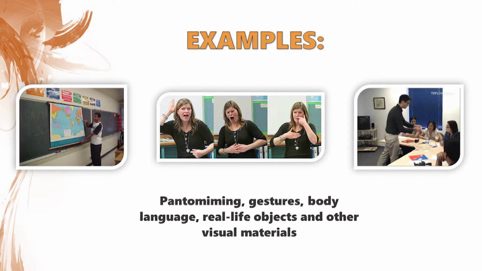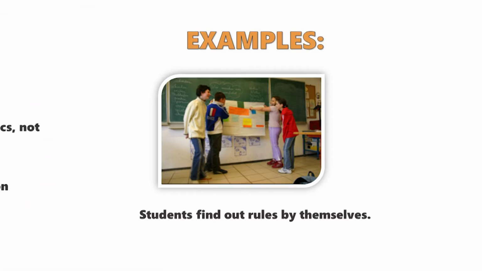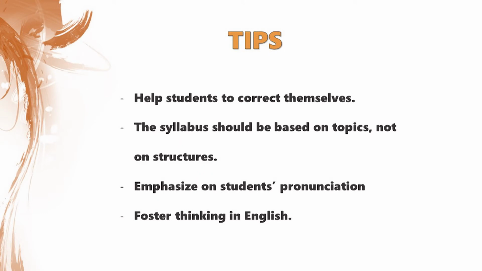We can teach concepts and vocabulary through pantomiming, gestures, body language, using real-life objects and other visual materials. We can also have students find out rules by themselves by carefully analyzing examples of adequate grammatical sentences in the target language.